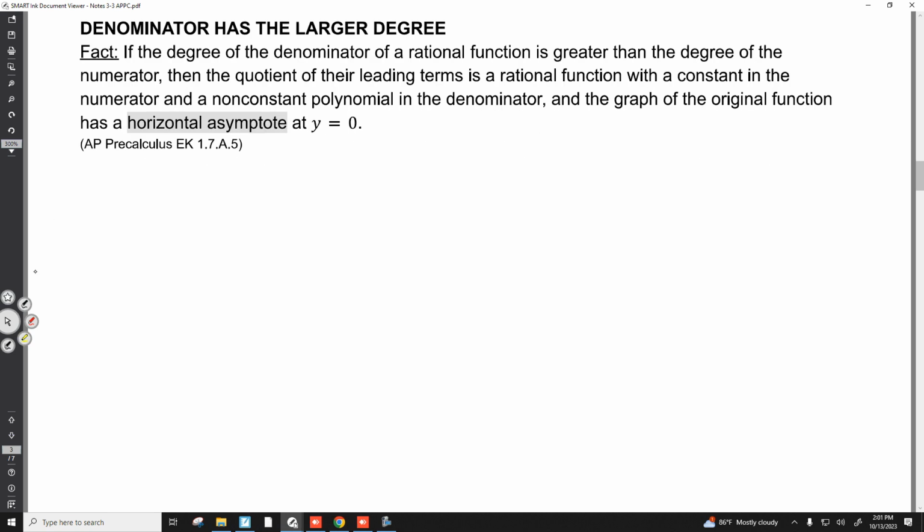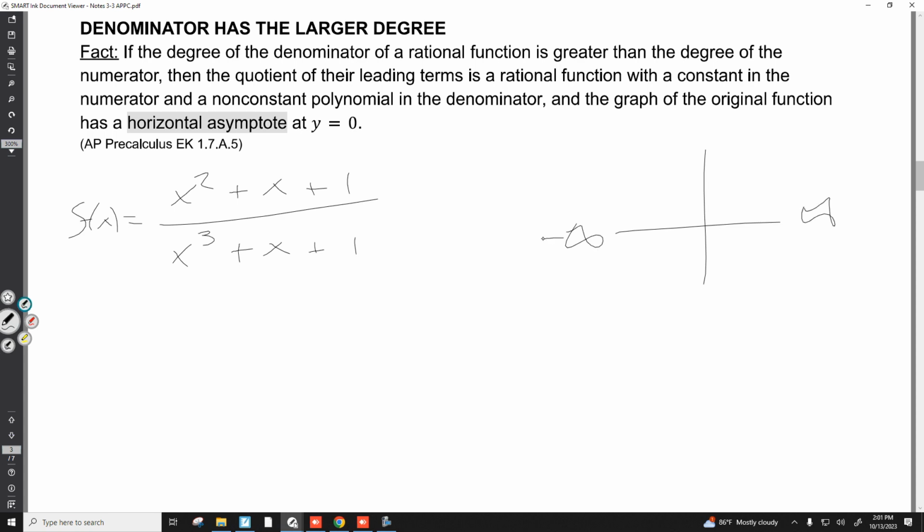And let's look at the simple polynomial divided by a polynomial. X squared plus x plus 1 over x cubed plus x plus 1. If I ask you what's going on at the end, what is the limit as x approaches infinity of this function?